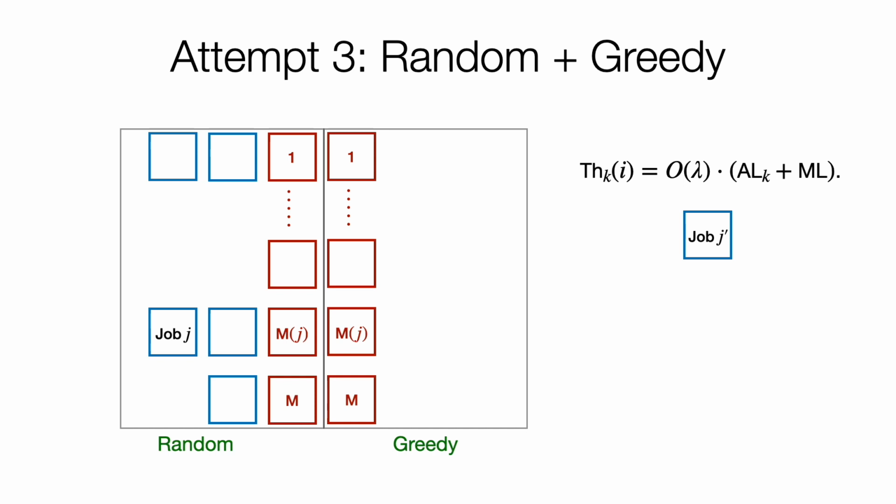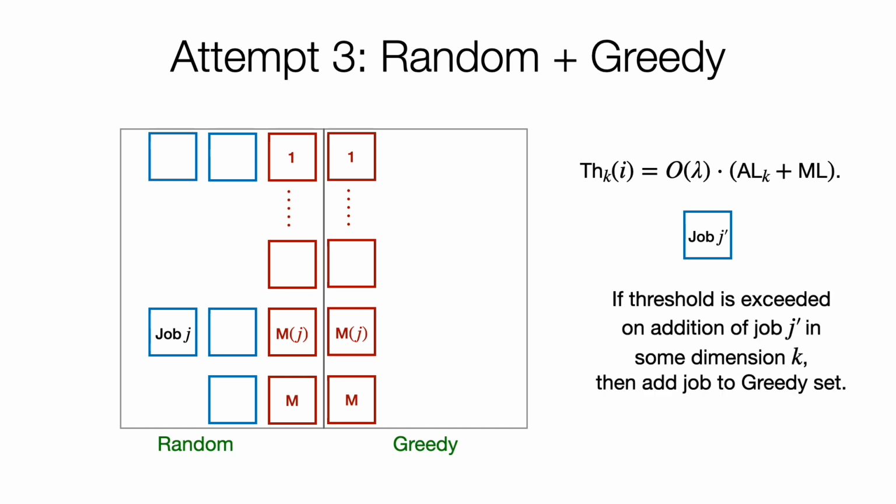If, when we're trying to insert some job J prime, this threshold is exceeded in some dimension K, say job J prime was assigned to machine 1 randomly and the threshold is exceeded, then this job J prime is added to the greedy set.